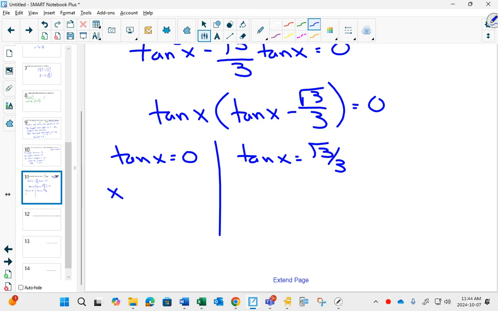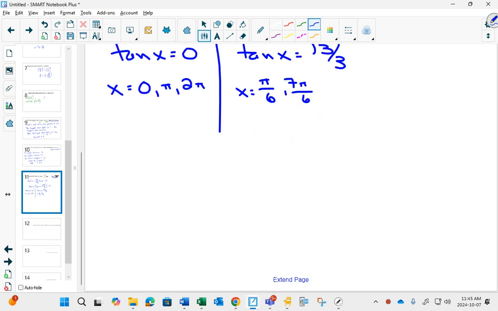Is this on your pi plate? Yes. At 0, pi, and at 2 pi. Root 3 over 3 on your pi plate? Yes. It's your pi over 6 family, in quadrant 1 and quadrant 3 because tan is positive. Okay?